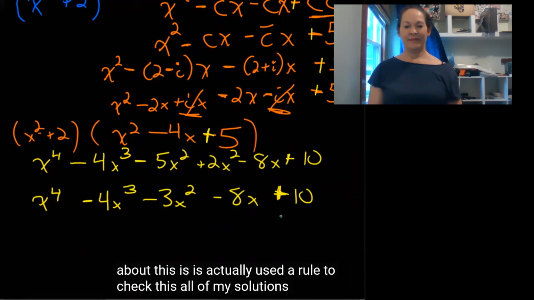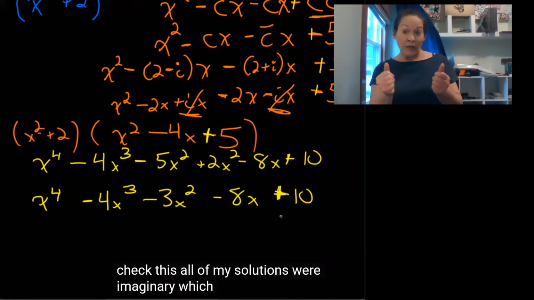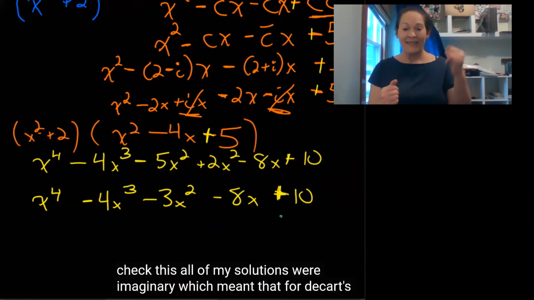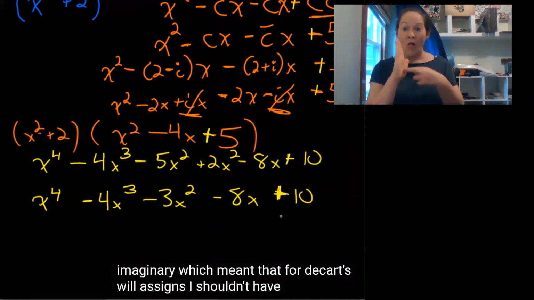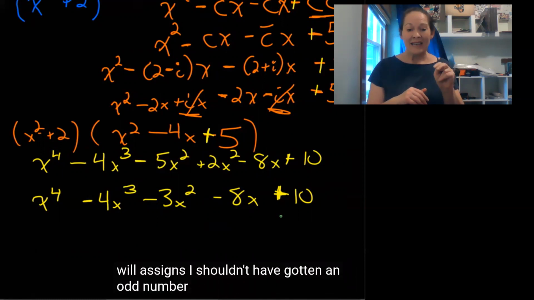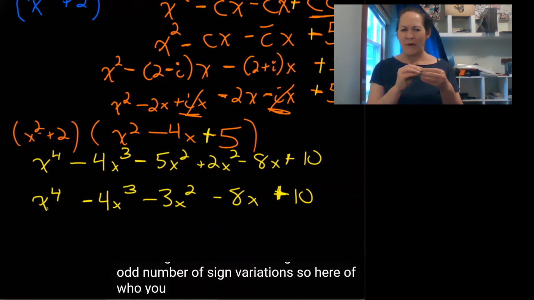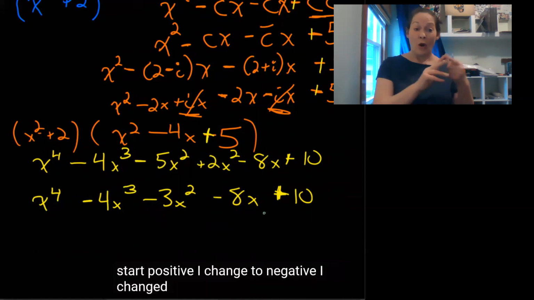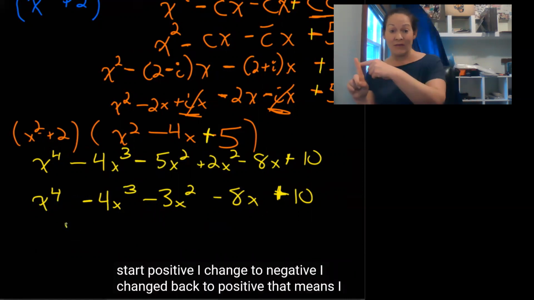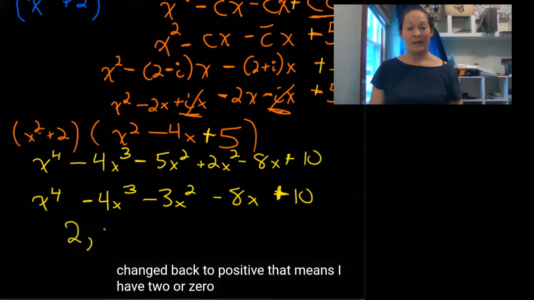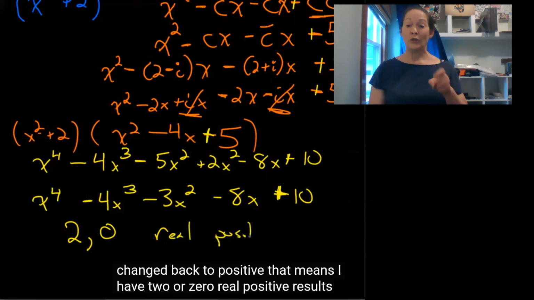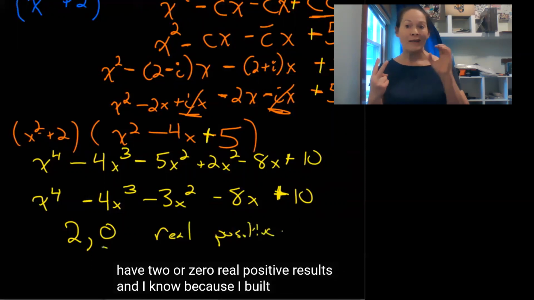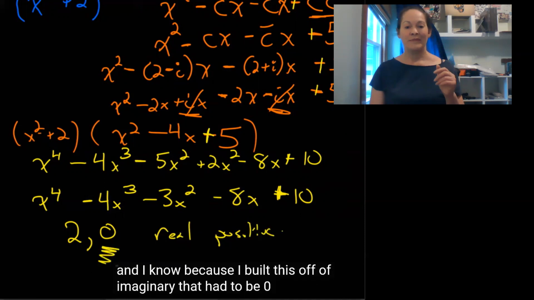All of my solutions were imaginary, which meant that for Descartes' rule of signs, I shouldn't have gotten an odd number of sign variations. So here, if we apply Descartes' rule of signs, I start positive, I change to negative, I change back to positive. That means I have 2 or 0 positive real results, and I know because I built this off of imaginary solutions that it had to be 0.